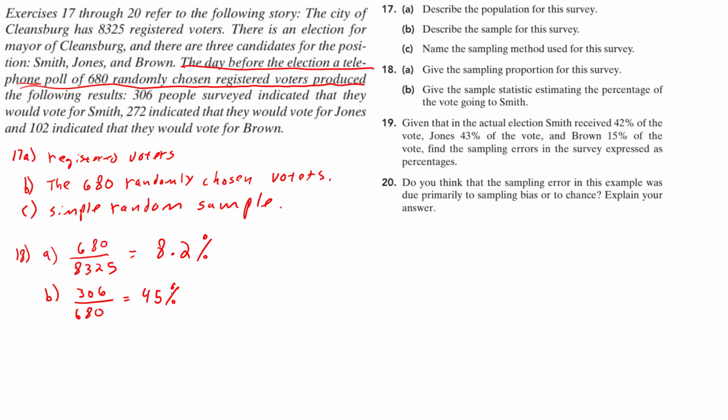19. Given that the actual election, Smith received 42% of the vote, Jones 43% of the vote, and Brown 15% of the vote, find the sampling errors in the survey expressed as percentages. Okay? So the actual minus the calculated, 42 minus 45, is negative 3%.